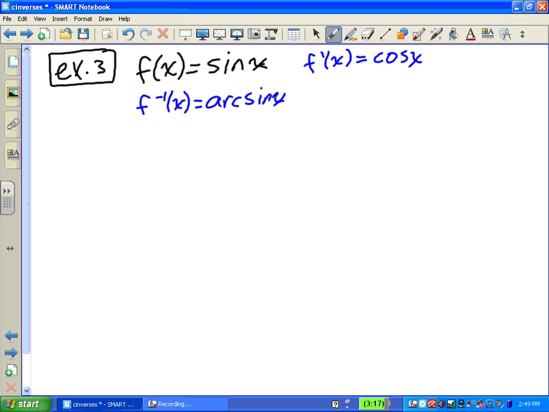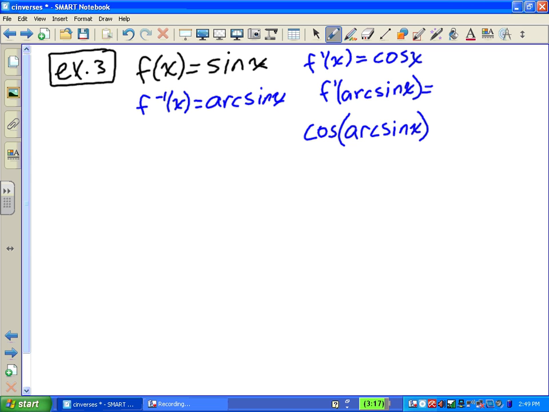And f prime of arcsine of x equals cosine of arcsine of x. In order to make a simpler expression of that, let's figure out what it means.